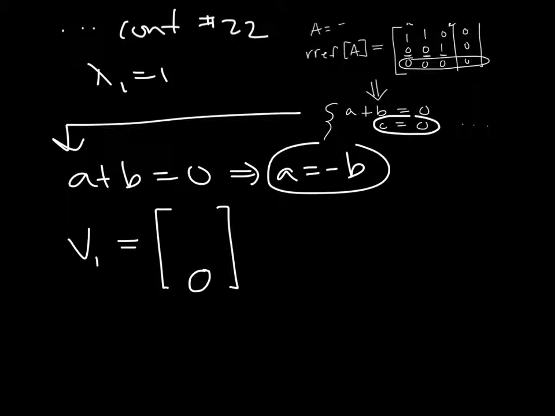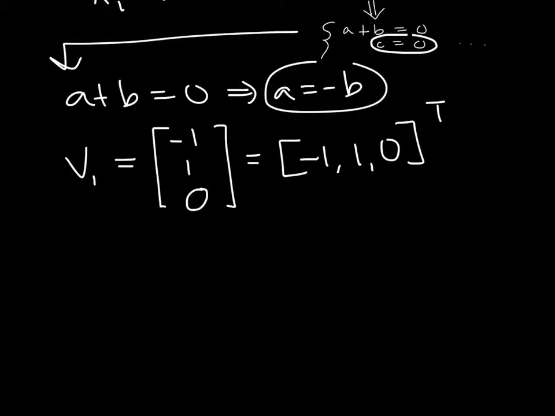So, A is equal to negative B. So if B is 1, then obviously A is negative 1, right? It's just the opposite. So that would be negative 1. So this would be your eigenvector. If you want to save space on your paper, you can write this as negative 1, 1, 0 transpose, right? That's the exact same thing.